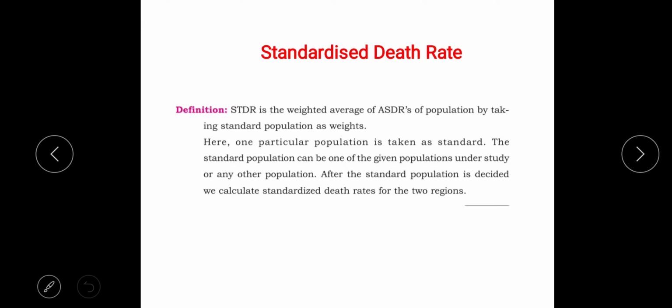Okay, so here they have given that STDR is the weighted average of the ASDR of a population, taking the standard population as weights. In first PUC you have learned calculating the weighted arithmetic mean, where we take weights.